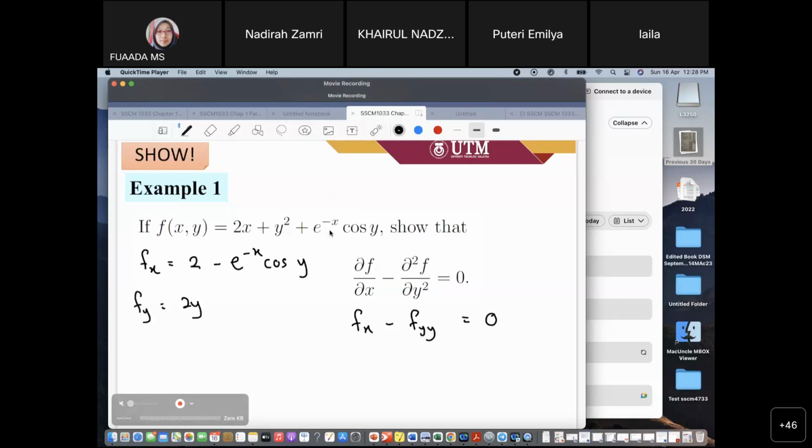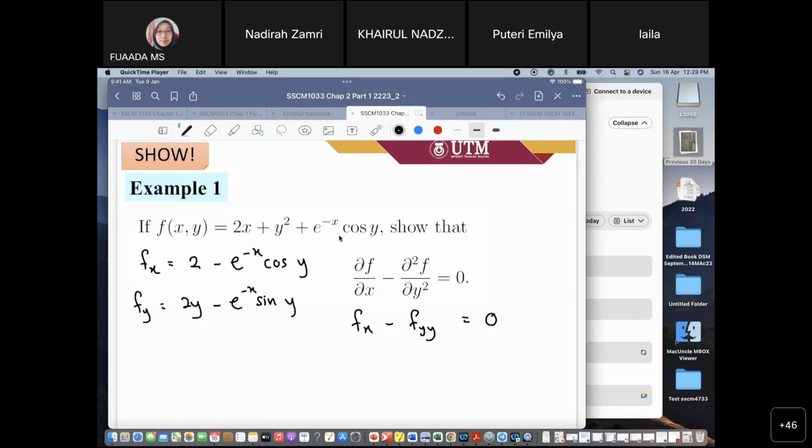Okay, now e minus x constant, and then cos y differentiate, you got negative sign. Negative e minus x sin y. Okay. Kenapa ada negatif? Sebab cos you differentiate cos dapat negative sign. But e minus x does not change because that is constant.